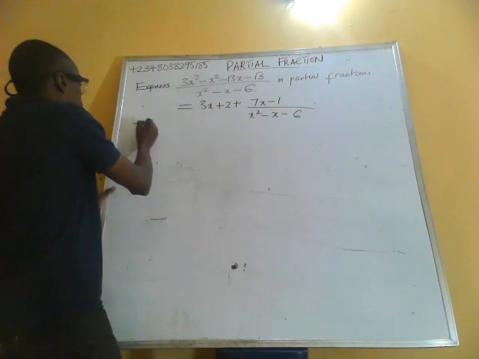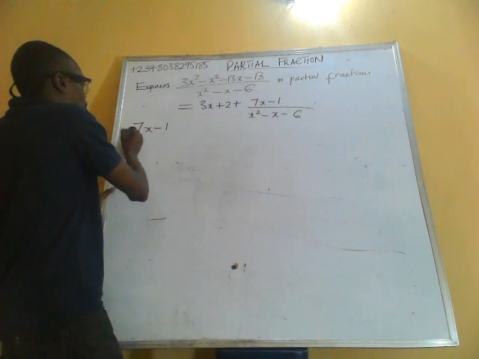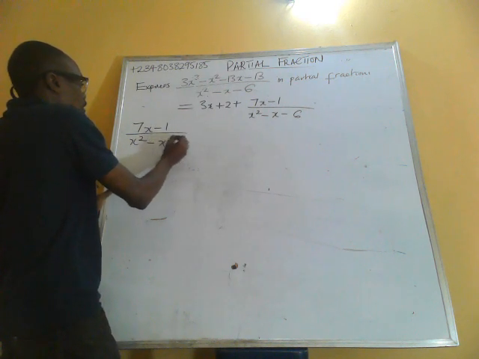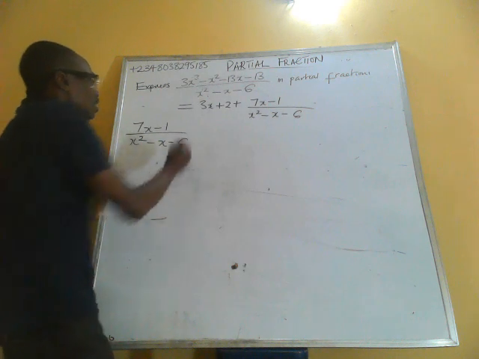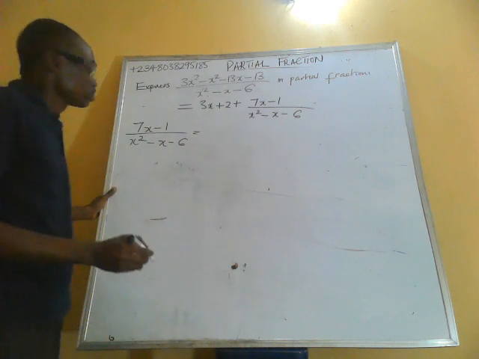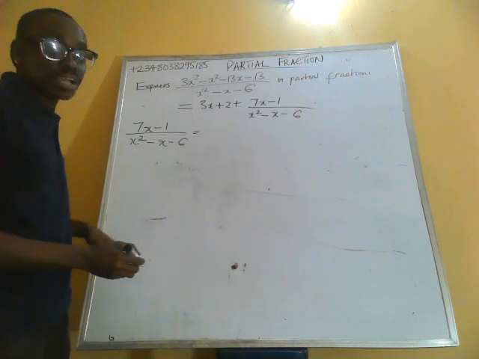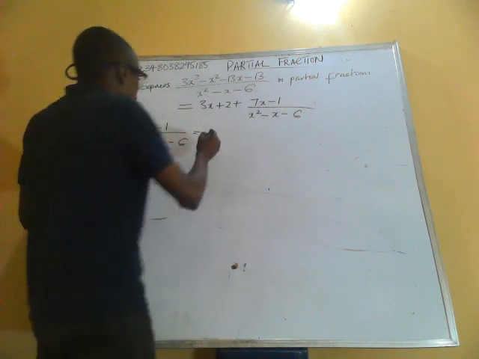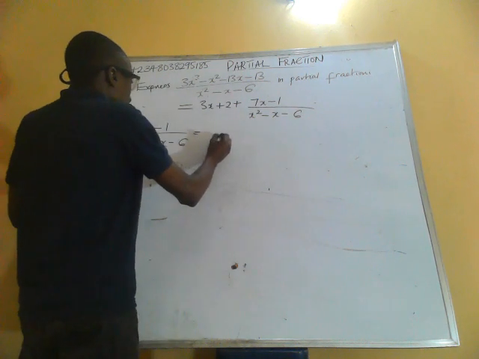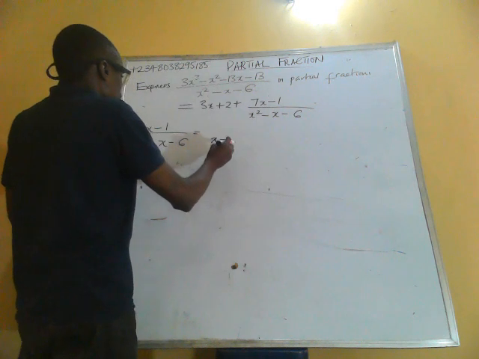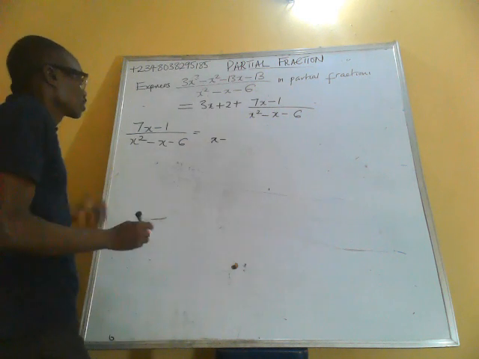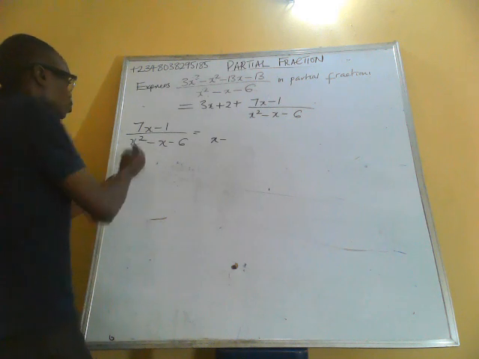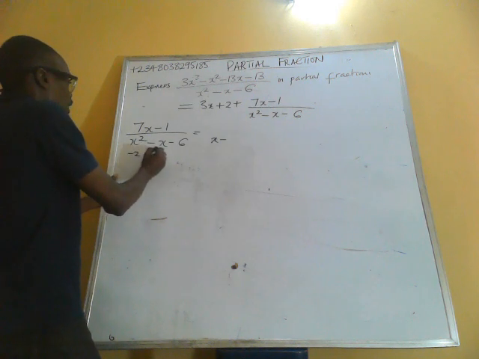We have 7x minus 1 all over x squared minus x minus 6. This is going to be equal to... we have to factorize x squared minus x minus 6. We need two numbers that multiply to give minus 6 and add to give minus 1: plus 2 and minus 3.